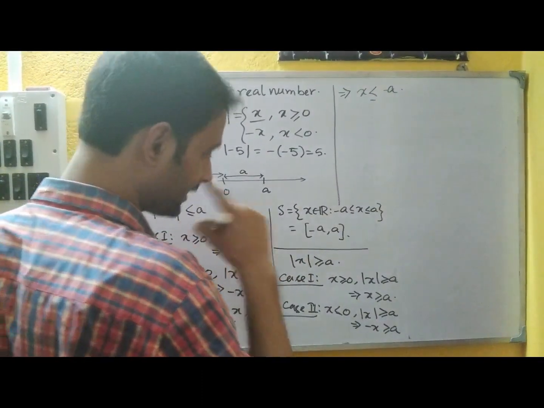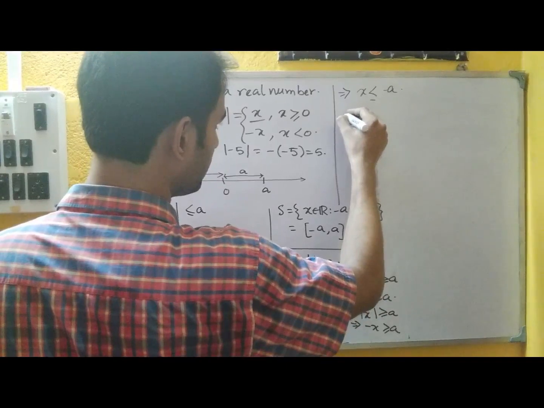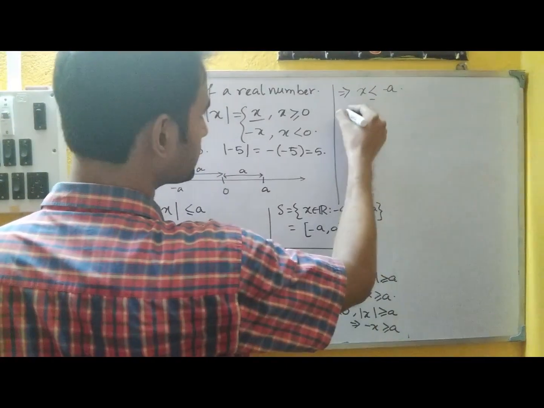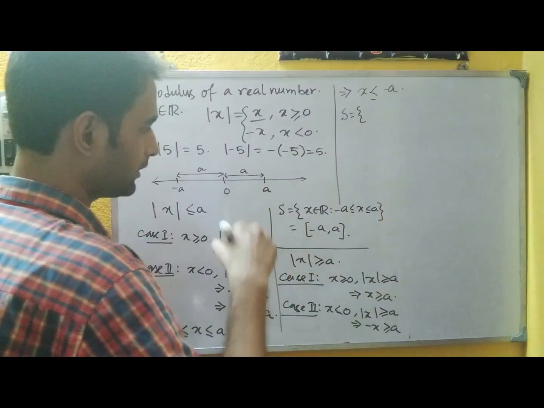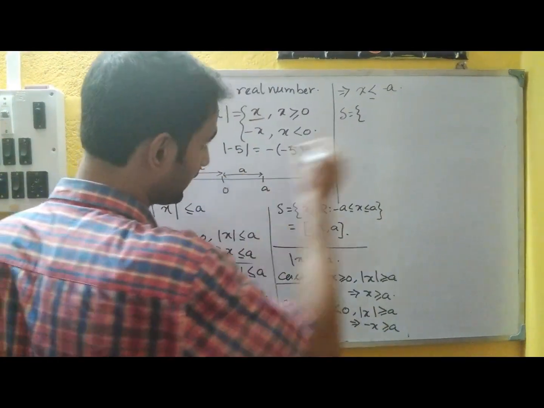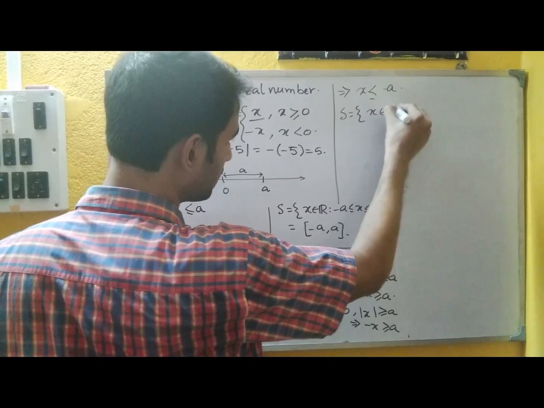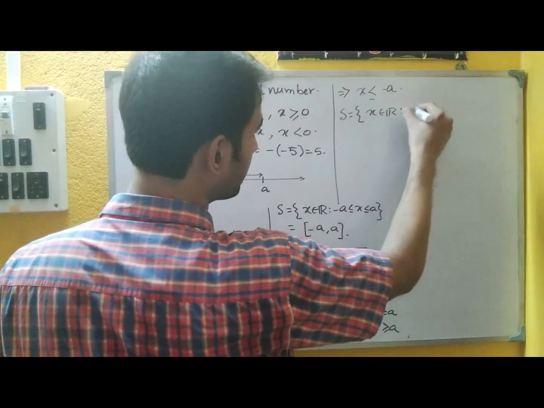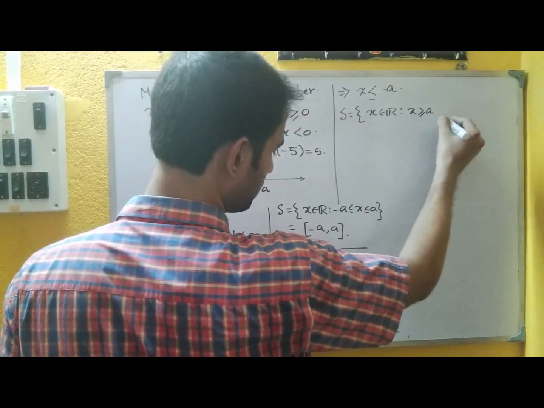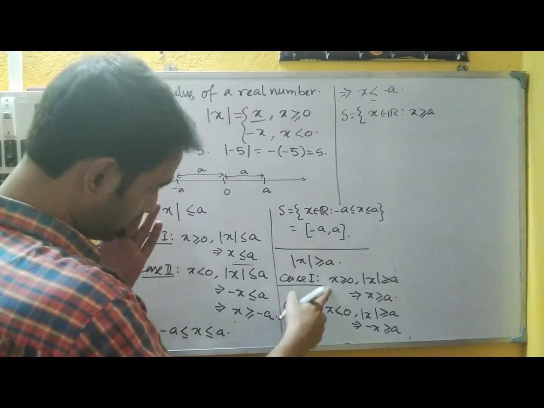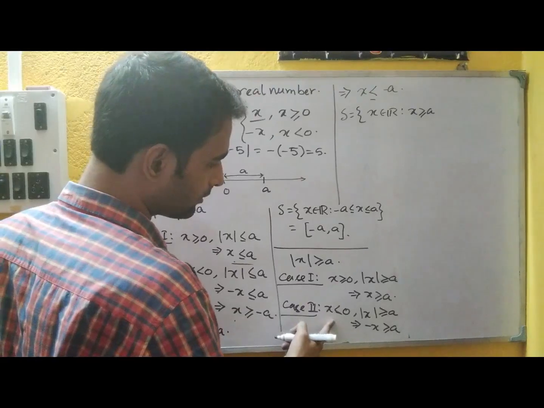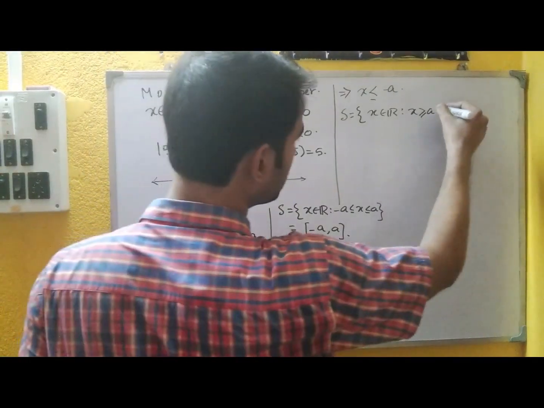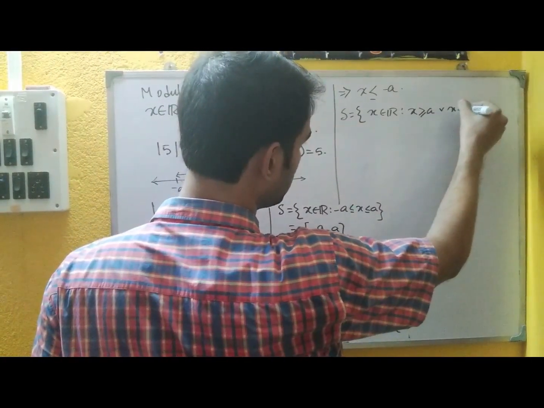So then you see, if you combine these two cases, the solution set will look like this: x belongs to R such that x is less or equal to minus a, or x is greater or equals to a. Since these two cases are separate cases, this will be combined with an OR symbol.